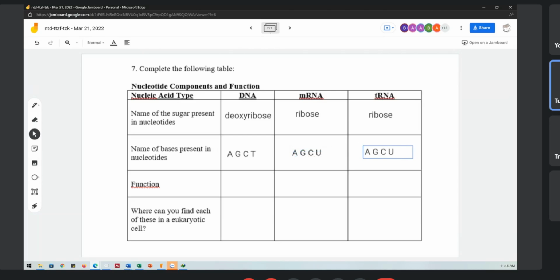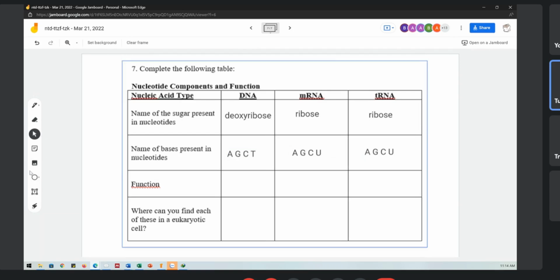Okay, and the function of DNA will be storage of genetic info.